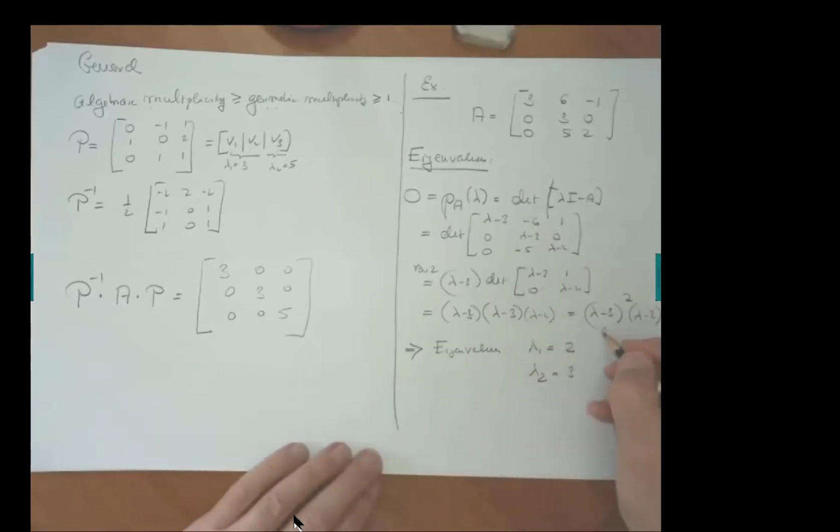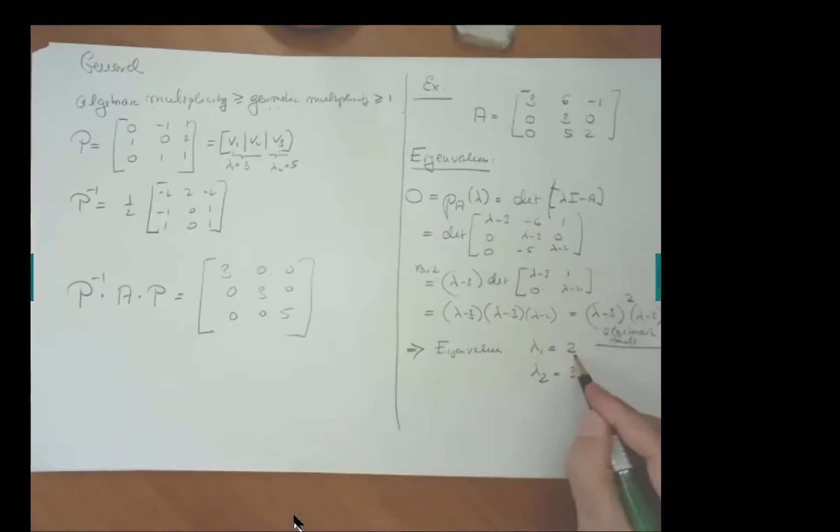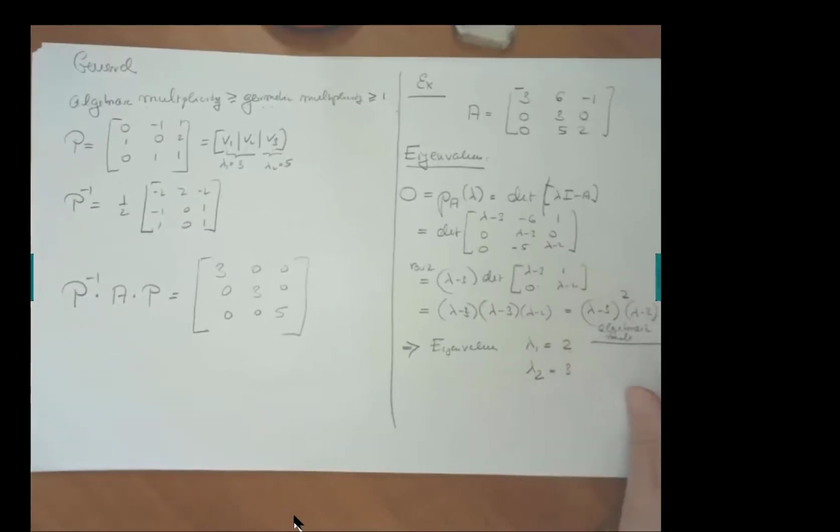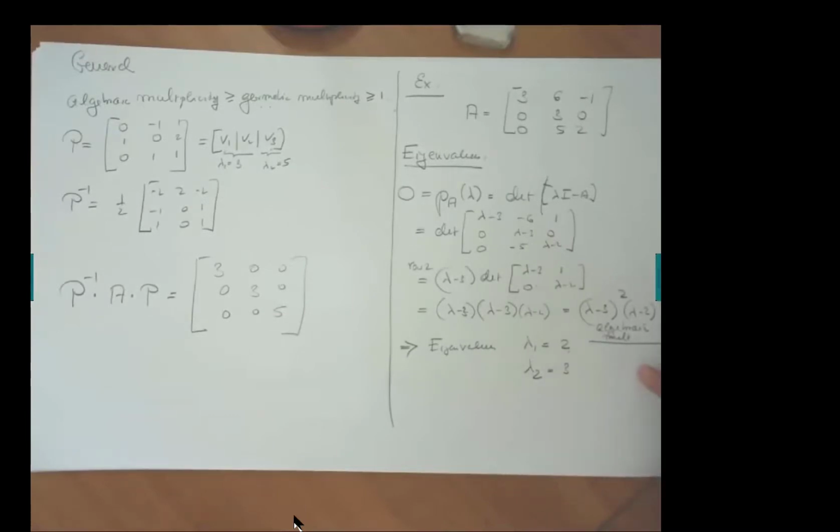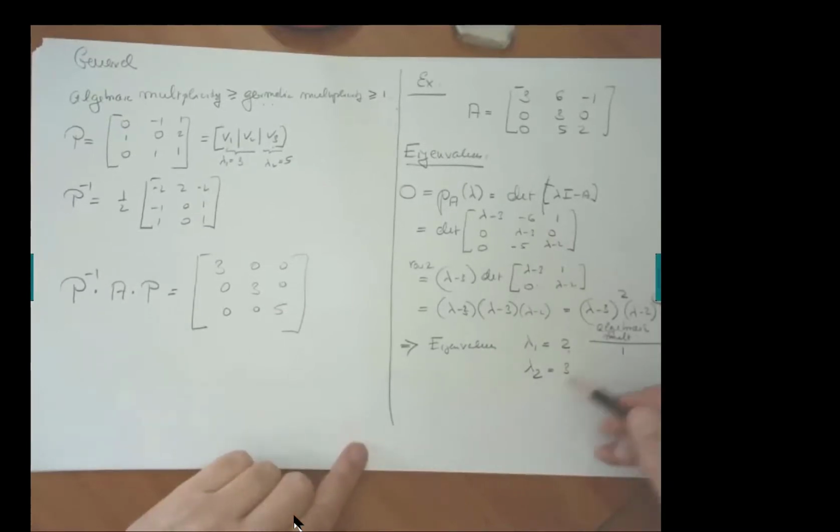And when you look at the algebraic multiplicity, what is the algebraic multiplicity of 2? How often is 2 a zero? Only 1, because here's exponent 1, and 3 has algebraic multiplicity 2, because here the exponent is 2.